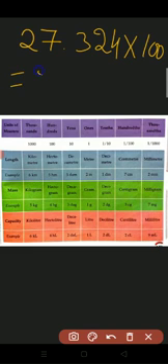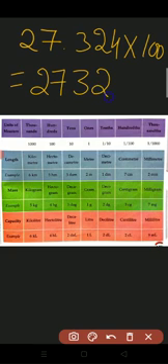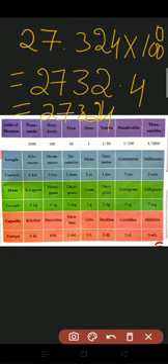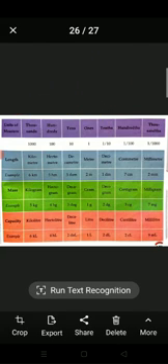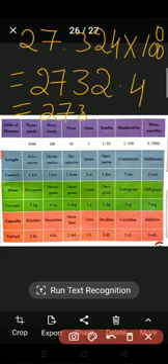So it becomes 2732.4. If it is 1000, then the answer is 27324. One more digit it needs to move. So like this we can convert given values by multiplication and division.